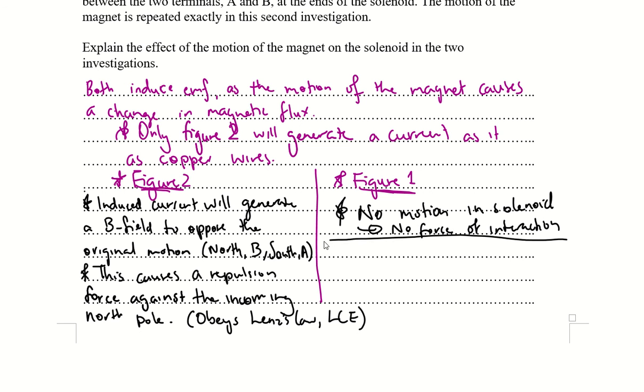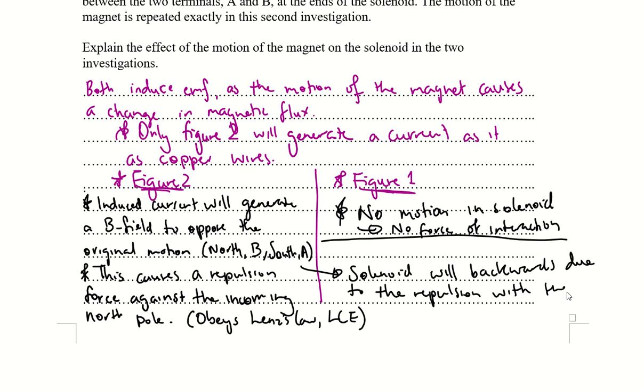What we could probably also add in terms of the motion of figure 2, the solenoid will move backwards, due to the repulsion with the magnet.